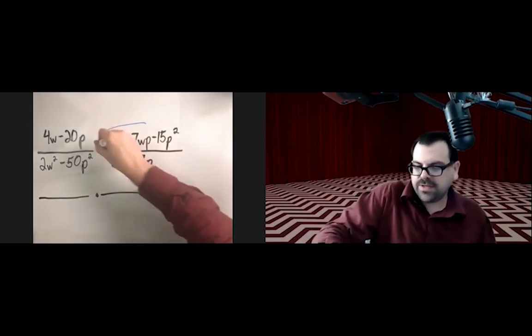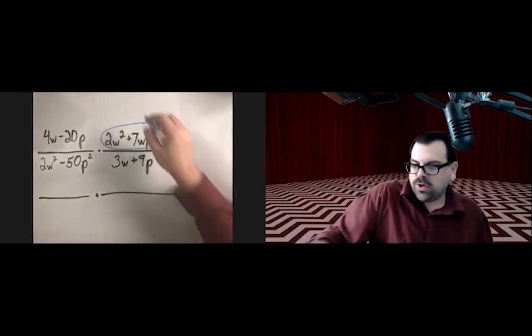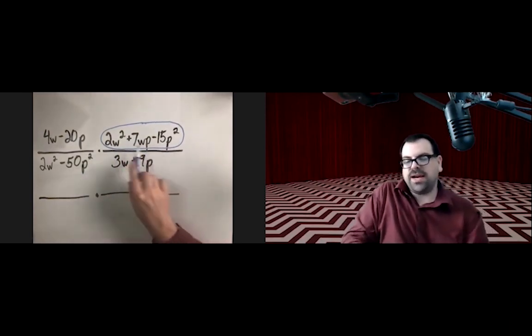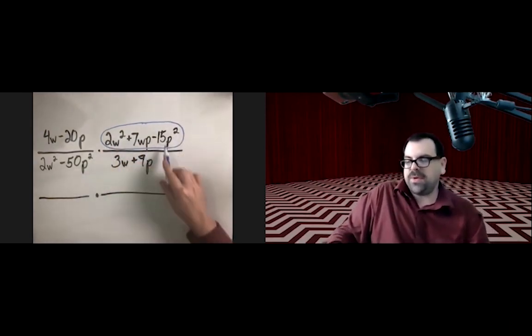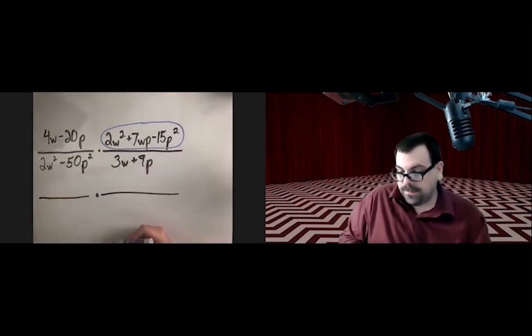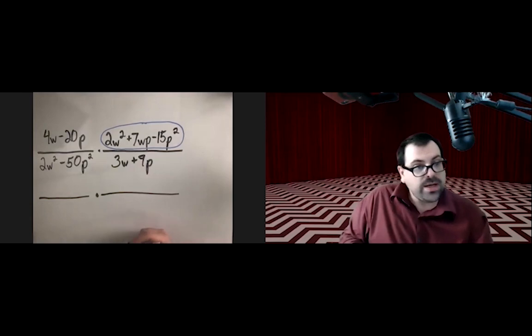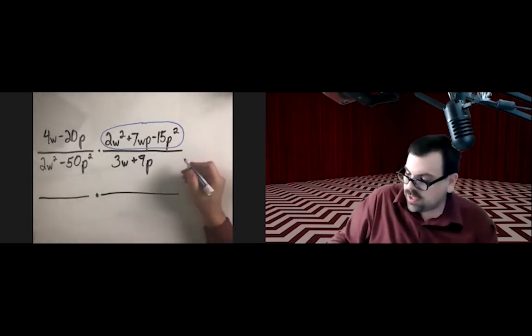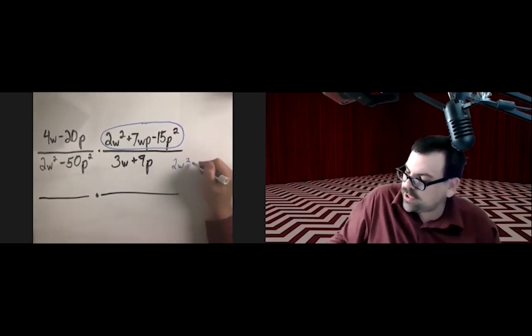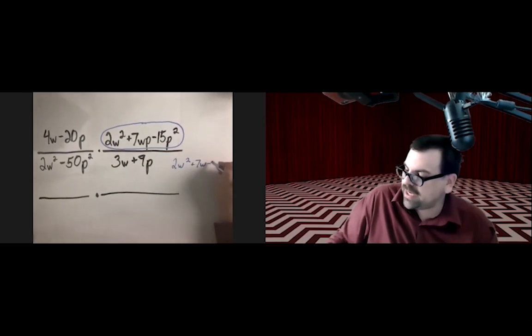So let's factor this. Recall that if we have two variables and they're spread out with a w squared here, a p squared there, both w and p in the middle, we want to think about 2w squared plus 7w minus 15.